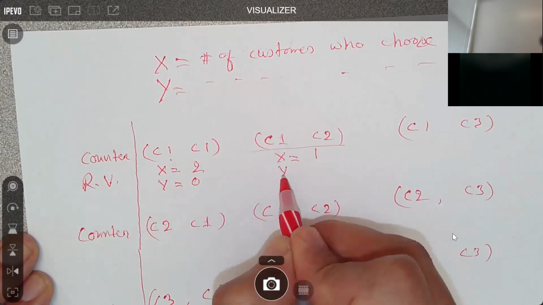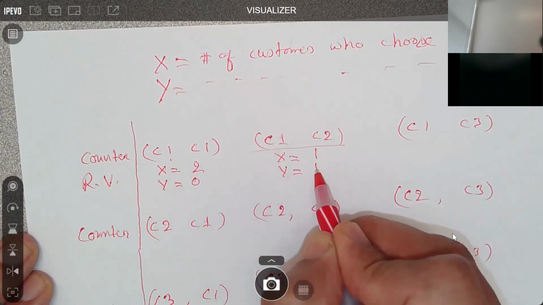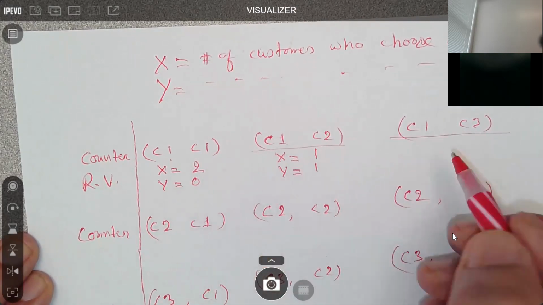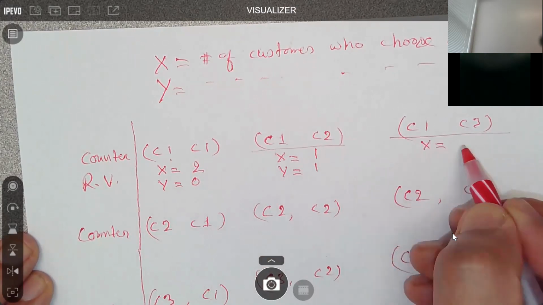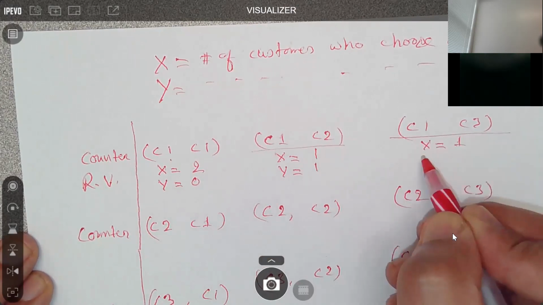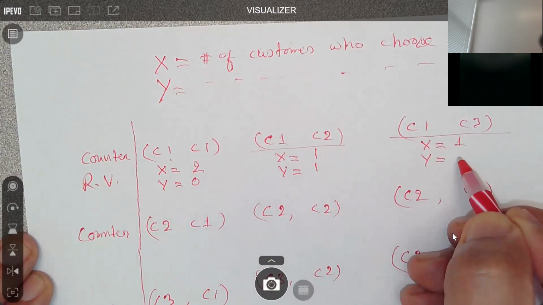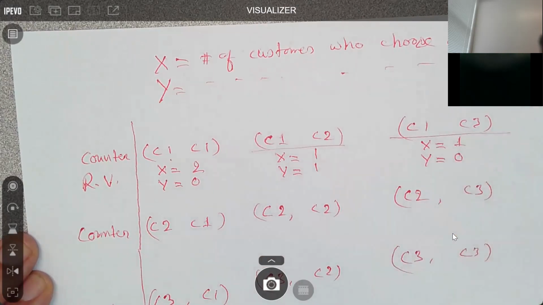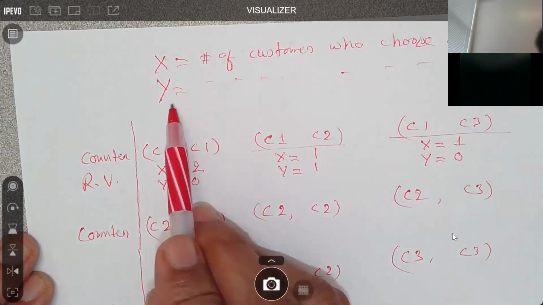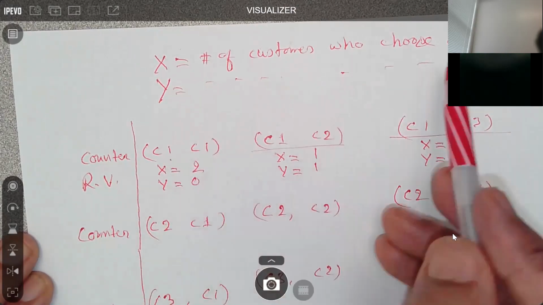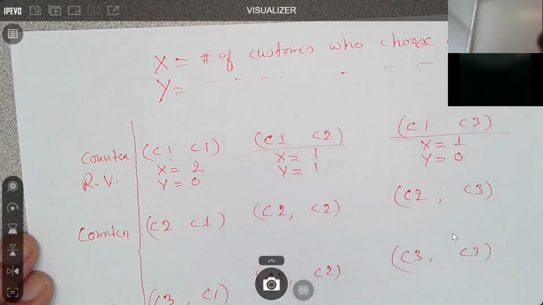What does Y take? 1, right? Now in this case, X takes the value 1 and Y takes the value 0, right? Because no one chooses counter 2 here. You see, Y is the number of customers who choose counter 2, right?